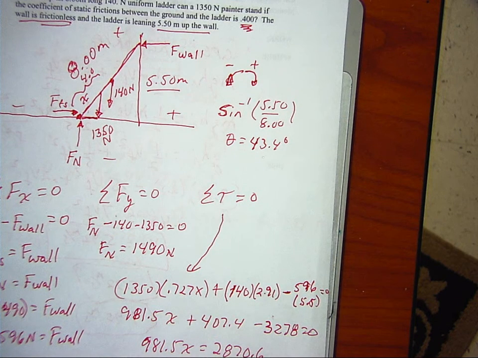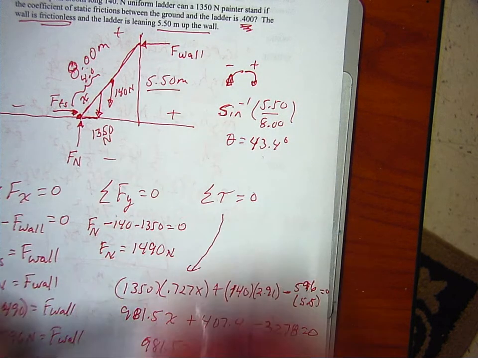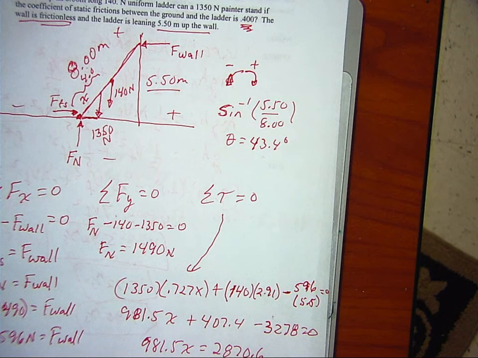But if you push it down with a painter, then it goes clockwise. Clockwise. Yeah. So what's the force pushing you down? I beg your pardon? Because the wall, you got 596 newtons for the wall, pushing that way. Right. The distance is 5.5.